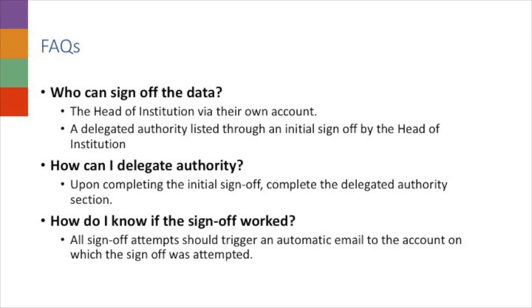The other query we've had about these delegated authorities is whether previous delegation requests will still stand year on year. We do get this question quite frequently. Unfortunately, they don't. The reason is that we find that often the person who has the authority delegated to them changes year on year.